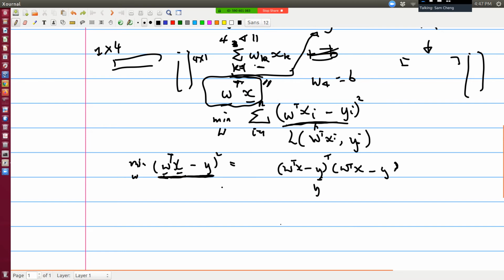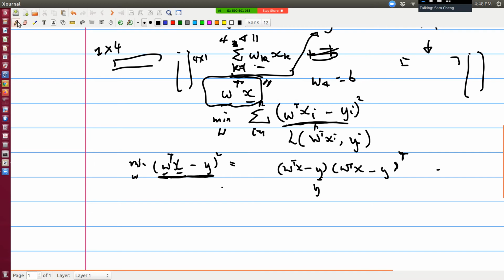Actually, it's better I flip the order and put the transpose here. It looks arbitrary, but it doesn't matter because this is just a scalar number. I can put transpose anywhere I want. W transpose multiplied by x is a scalar, and y is also a scalar.